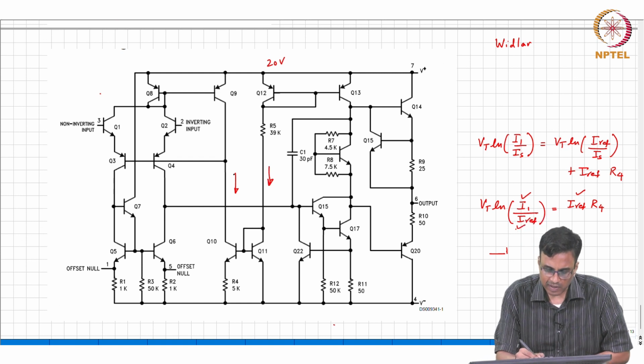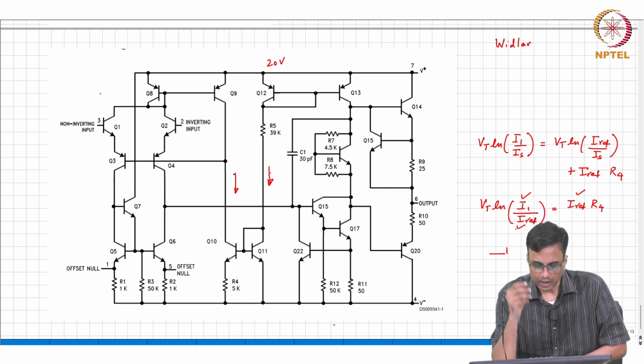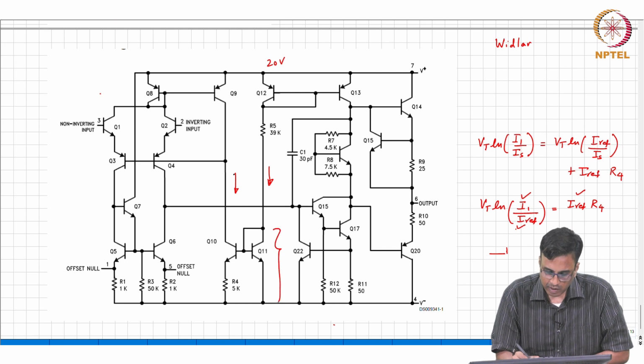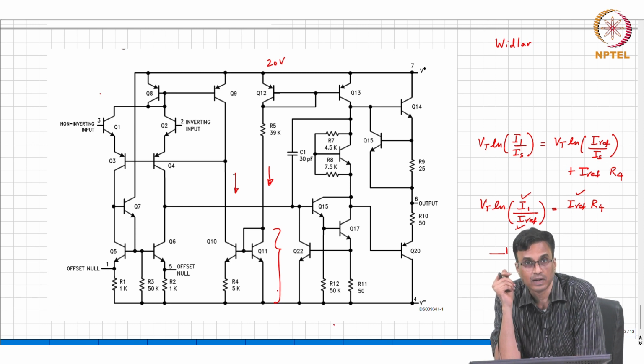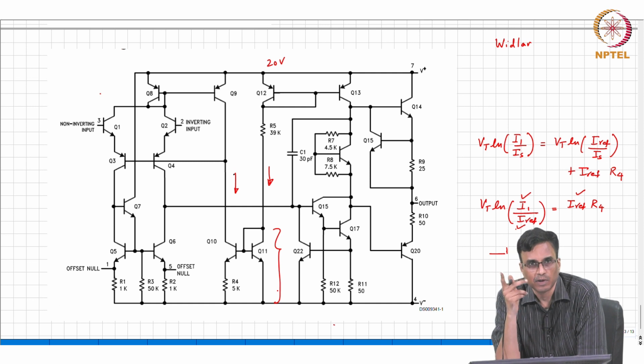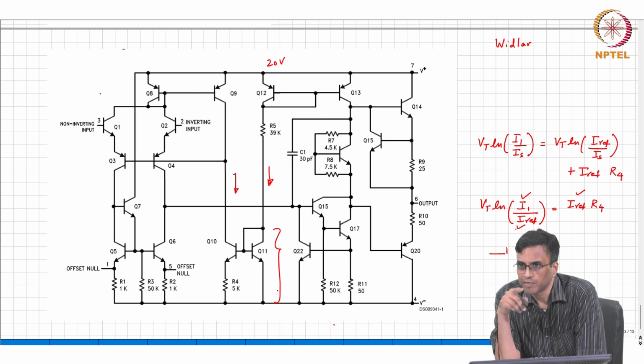This current is actually sensitive to supply, correct, but the voltage between the base and emitter of Q11 is largely independent, because logarithmically the base-emitter voltage is ln of the current. So, it is actually very insensitive to supply voltage.